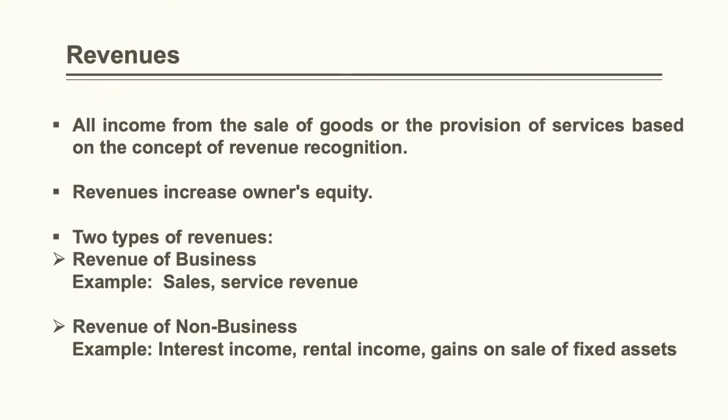Revenue will increase the owner equity. We have two types of revenue. First is revenue of business, for example sales or service revenue. The second is revenue of non-business, for example interest income, rental income, gain on sales of fixed asset.